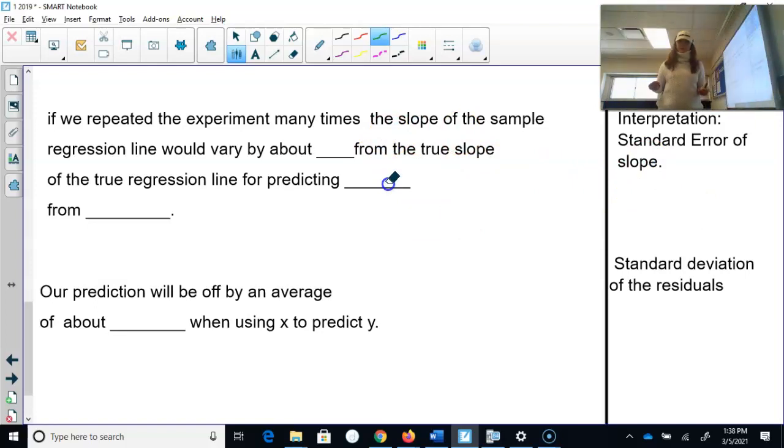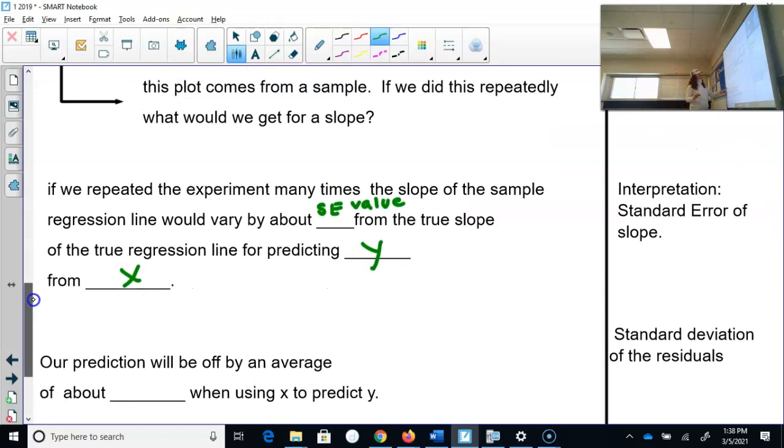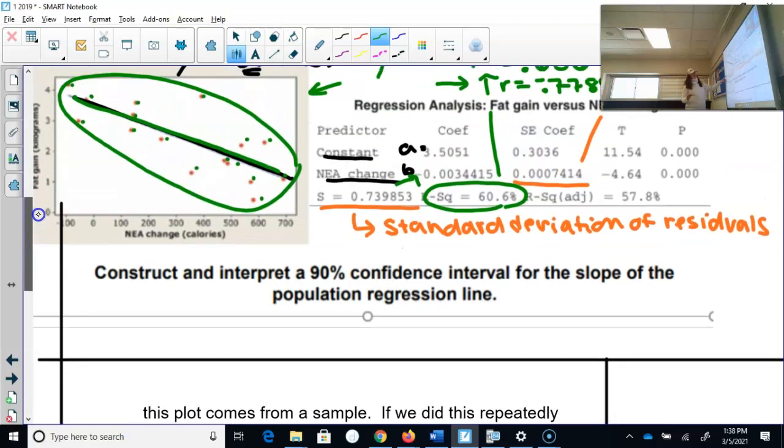If we repeated the experiment many times, the slope of the sample regression line would vary about, and what are you going to put here? The standard error value. So that standard error of the slope, you're going to put that value there from the true slope of the regression line for predicting y from x. Again, you'll have a chance to practice this in your homework, but in this case, if I was going to actually use it in context for this problem, I would say, okay, my standard error is 0.0007. I'm going to use 4 decimal places.